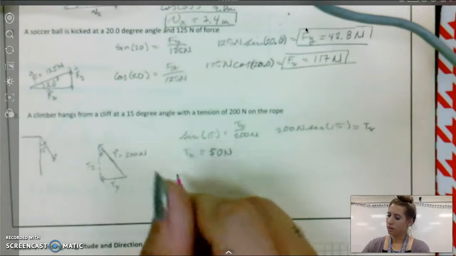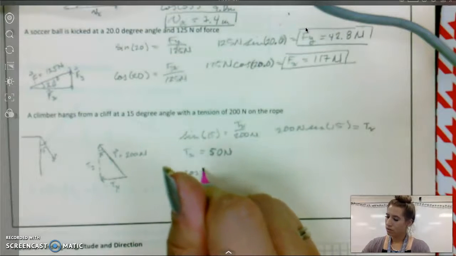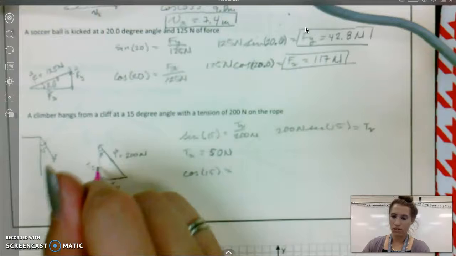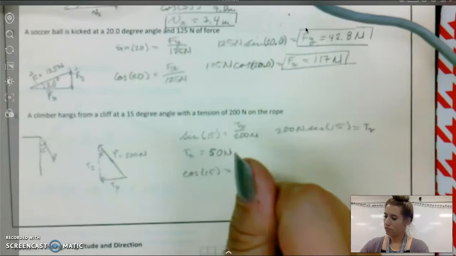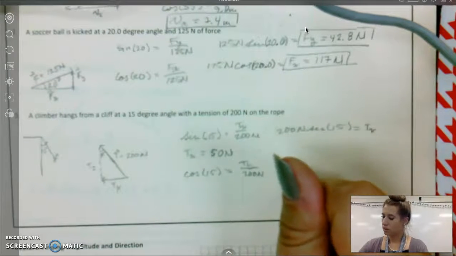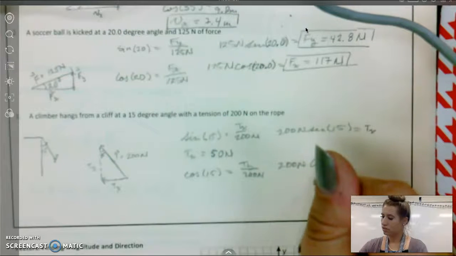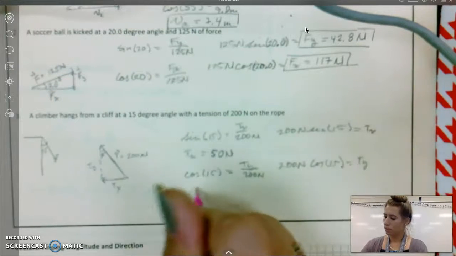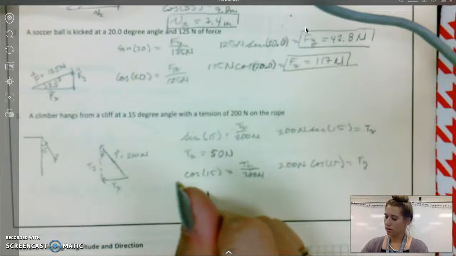Okay, now for the y, we have cosine of 15 is going to equal adjacent, which in this situation is the y component, divided by hypotenuse, times both sides by that 200 newtons. And then we're going to plug it in to our calculator.